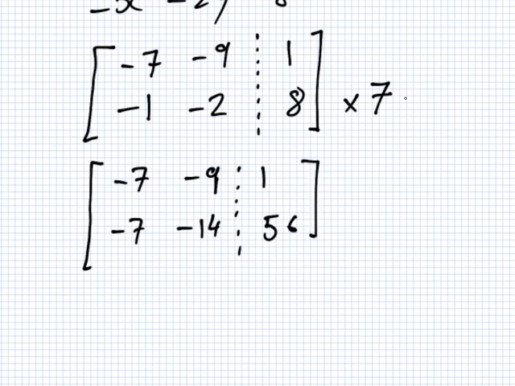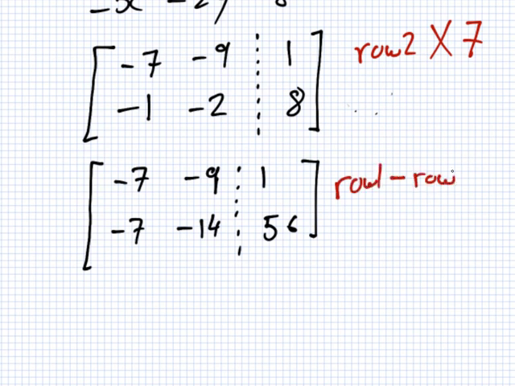If you want, you could write it here on the side. I took row 2 and I multiplied it by 7. Now what I'll do next is I'll do row 1 minus row 2 and I'll put the answer on row 2. Watch what happens.